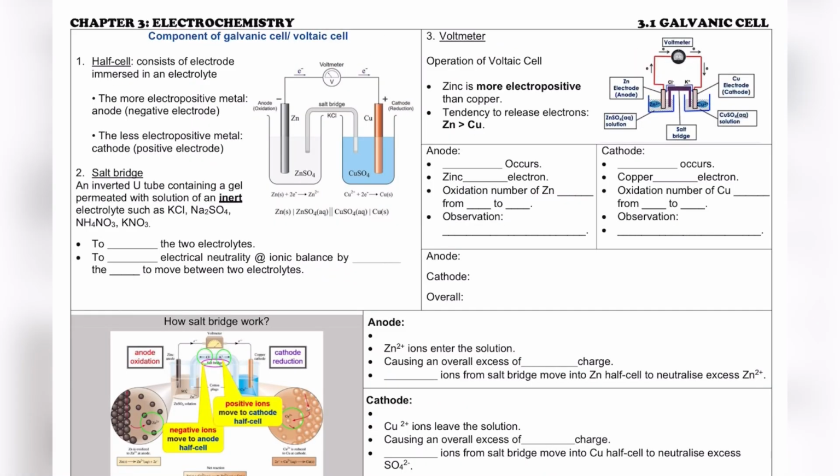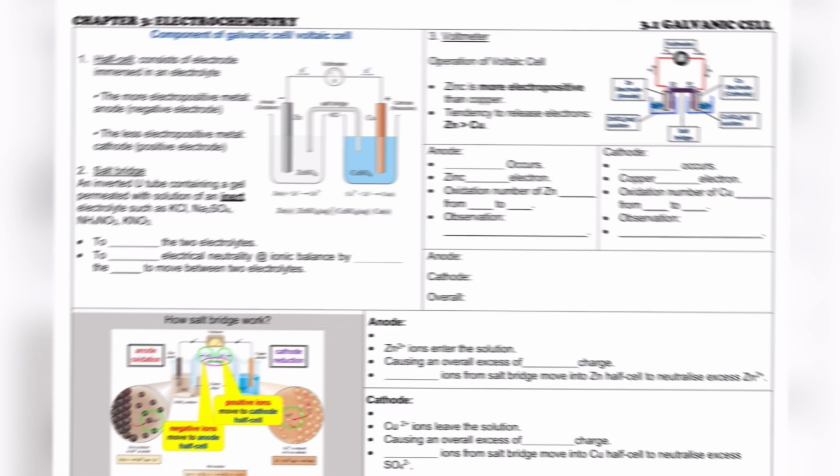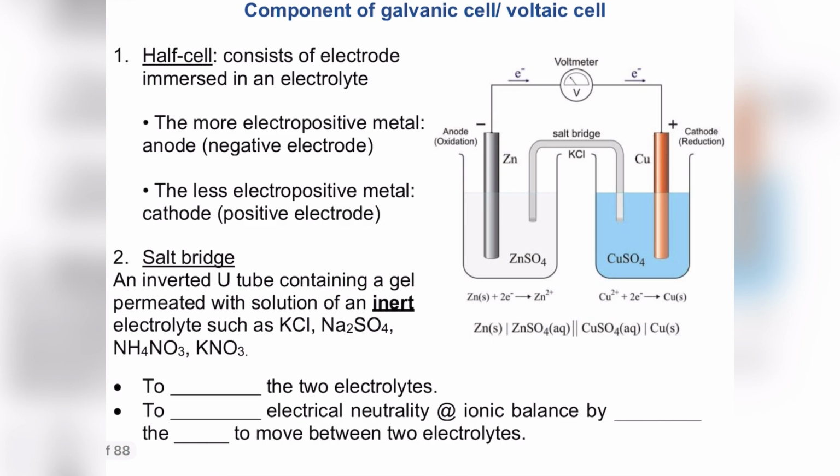Next, we are going to learn more about the components of the galvanic cell. The other name is voltaic cell. So let's focus more on this part. In our setup, we will have a half cell for each of the electrolytes. So in a half cell, you have an electrode immersed in electrolyte. Electrolyte can be any aqueous solution that you can find during the experiment.